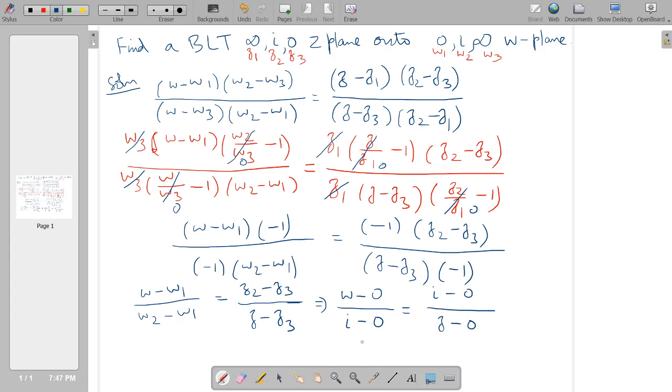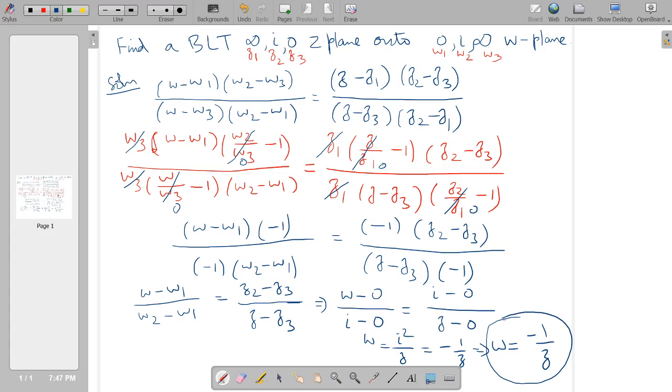So this will give you W is equal to I squared by Z, which will be minus 1 by Z. So the transformation is W is equal to minus 1 by Z.